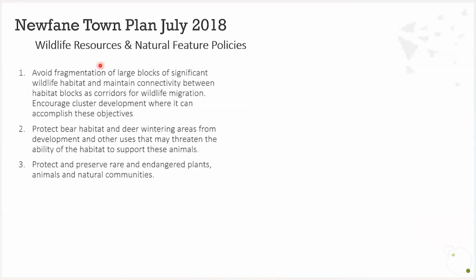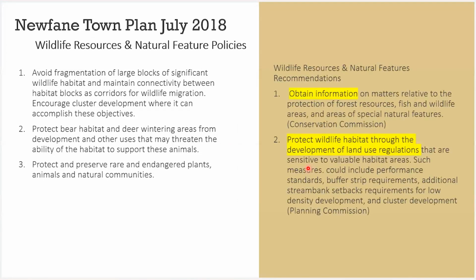Then the town plan has a variety of policies in this wildlife resource and natural features section about avoiding fragmentation of large blocks, protecting bear habitat, protect and preserve rare and endangered plants, animals, and natural communities. Great, so there are some good policies there.